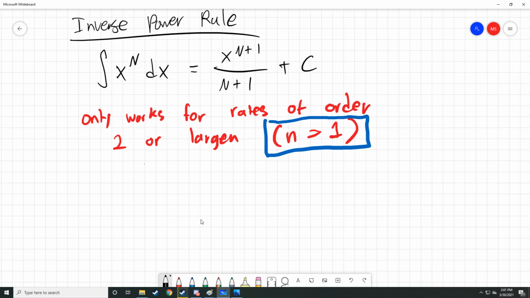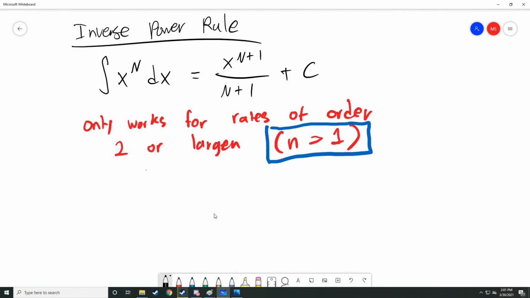So here, the integral we're trying to evaluate is negative the integral from a naught to a final of 1 over a to the n dA, where n is some arbitrary constant greater than 1.